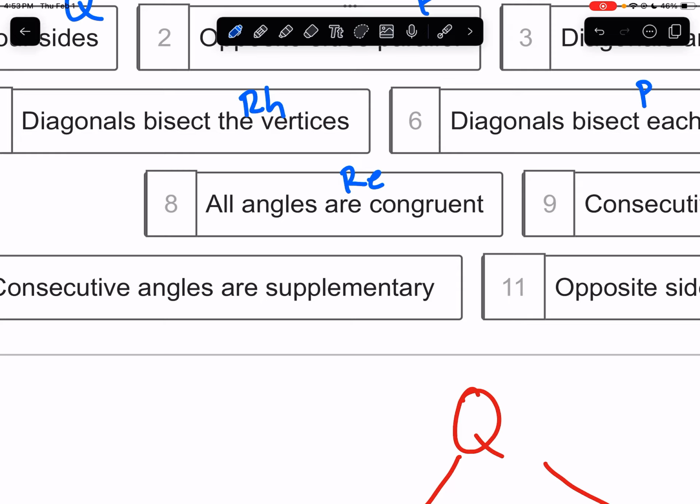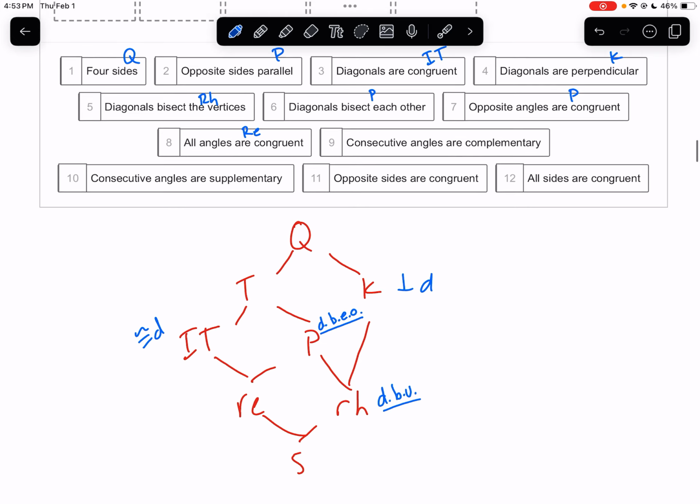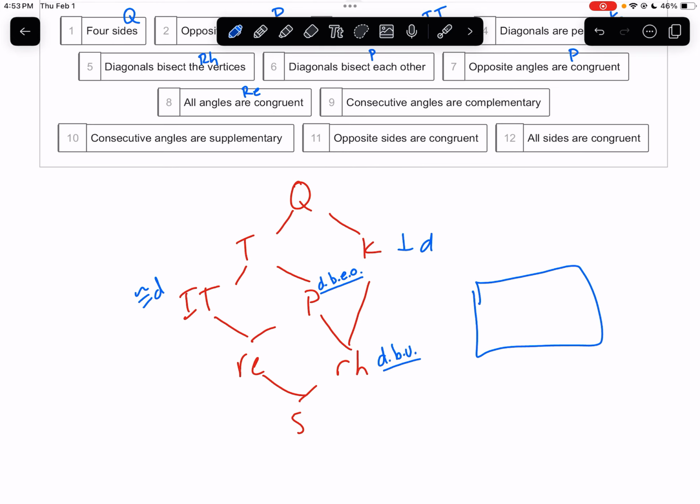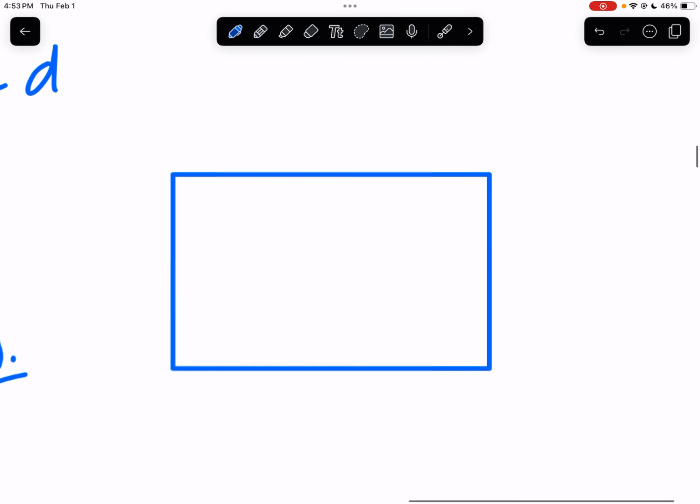What about a square? I know. Calm down. The square has four congruent angles. I agree. But look at this. Would you call that a square? No, you wouldn't. Does this have four congruent angles? Yes, it does. When I call something a rectangle, it doesn't mean it's not a square.